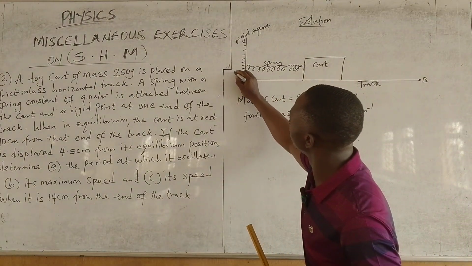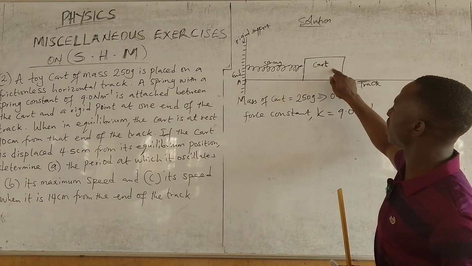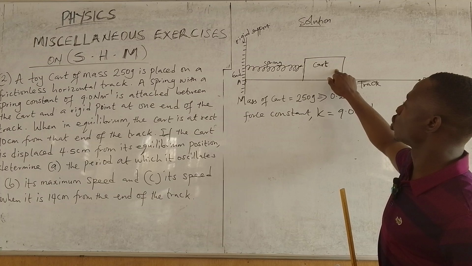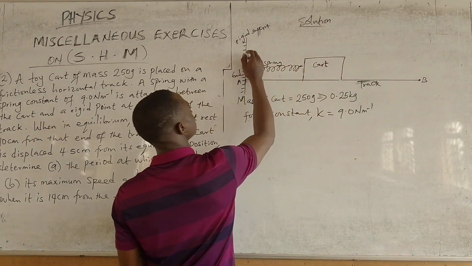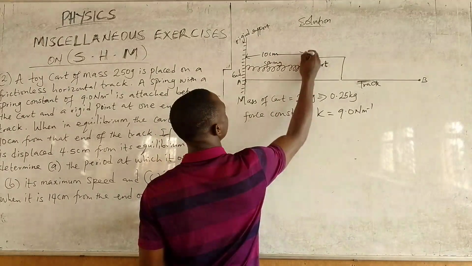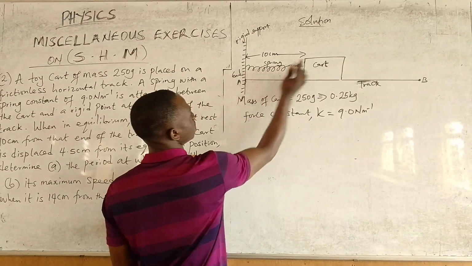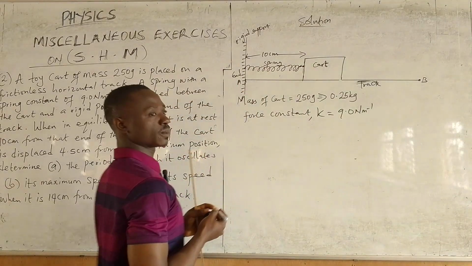So this one end, that's from end A. This cart is at equilibrium, 10 centimeters from end A. So from ear to ear is the 10 centimeters.